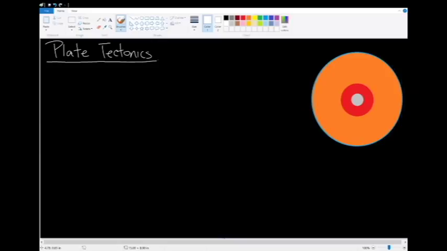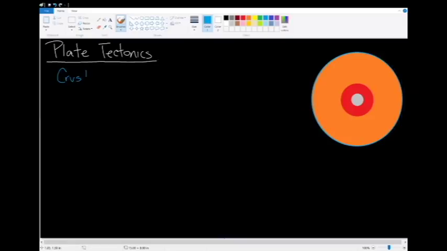And to do that, we need to start with knowing the structure of the Earth and how that all fits together. So on the right-hand side of my screen, I have a cartoon drawing of a cross-section of the Earth, and it has four main sections. We've got the thin outer section, which is called the crust.